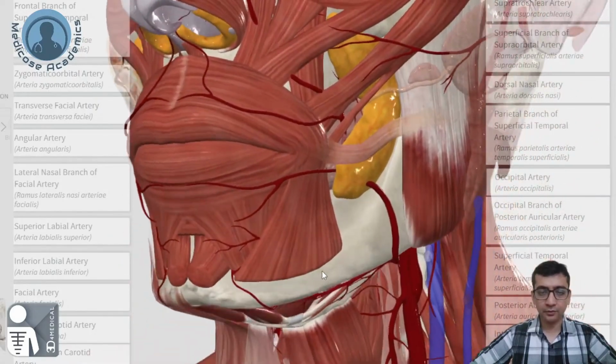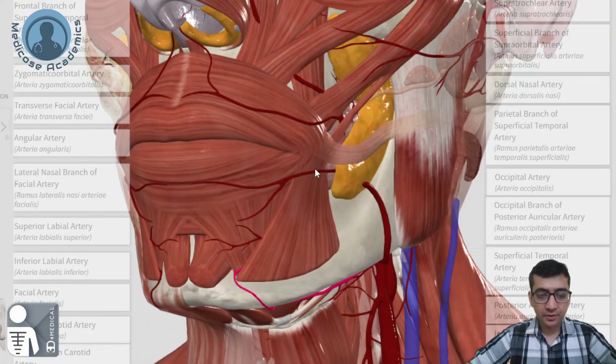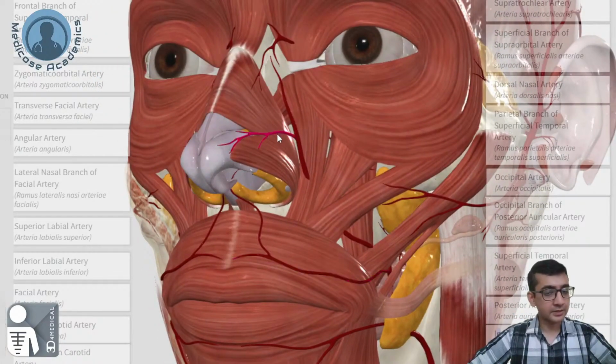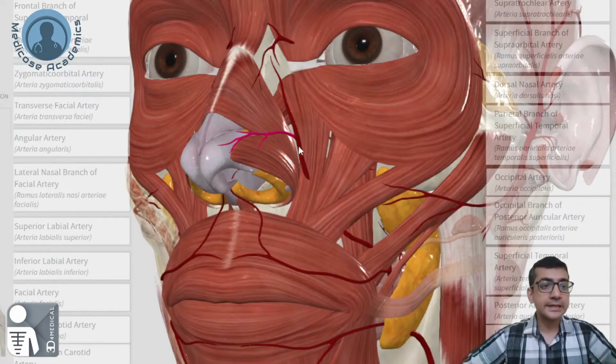Then as it moves to the angle of the mouth, it gives rise to 2 branches, one for each lip. The one that is going to the lower lip is the inferior labial artery. The one that is going to the upper lip is the superior labial artery. Following up, it gives a branch to the side of the nose, called the lateral nasal branch.